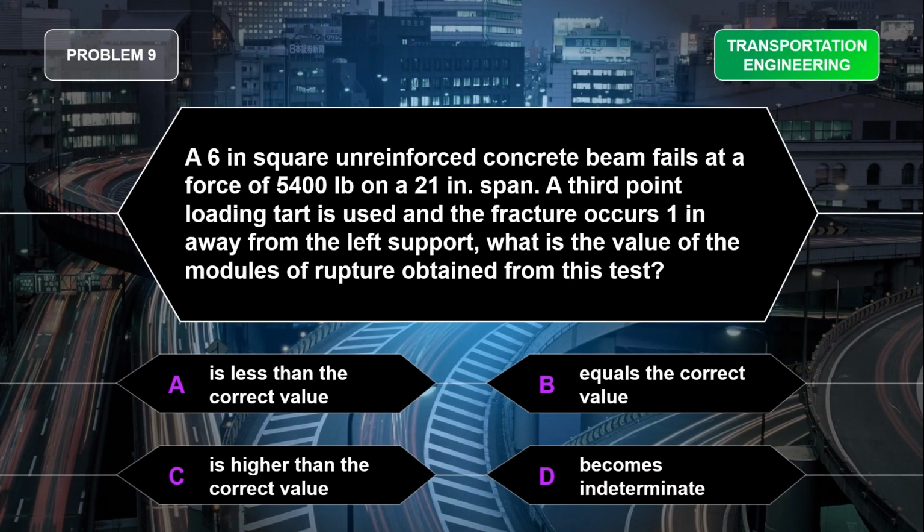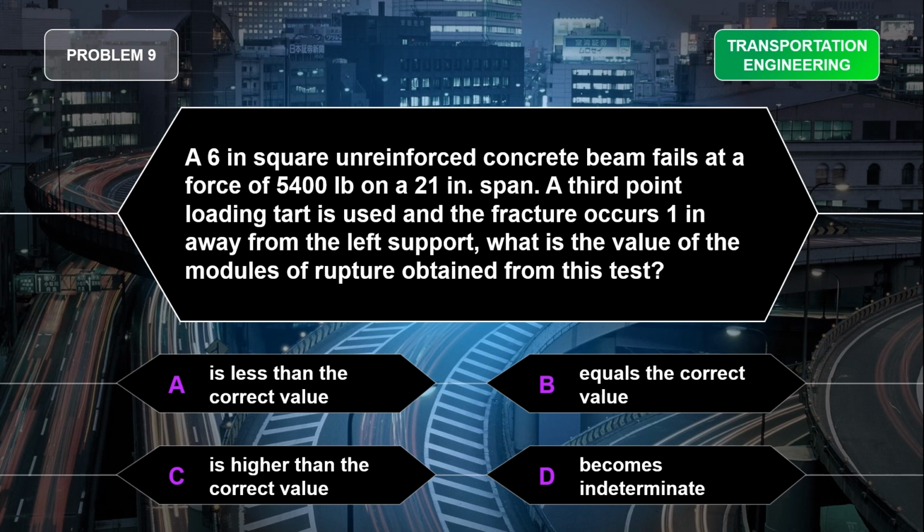Problem number 9. A 6-inch square unreinforced concrete beam fails at a force of 5,400 pounds on a 21-inch span. A third-point loading test is used and the fracture occurs 1 inch away from the left support. What is the value of the modulus of rupture obtained from this test? A. Is less than the correct value.